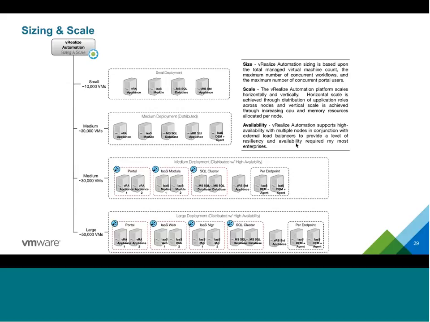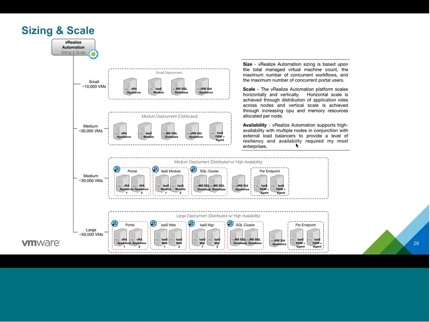And for medium with distributed high availability, I'm making each and every component highly available. So I would need 2 different vRealize appliances, 2 IaaS modules, a SQL cluster, and multiple DEM workers plus agents, typically 2 workers and agents.